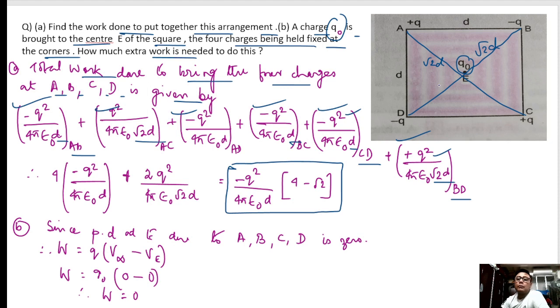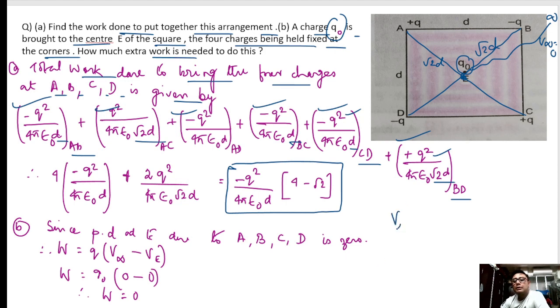So please watch here that I have to find out the work to bring the charge from infinity to this position. So what is the potential due to all the charges? First of all, potential at infinity will be 0. What is the potential here due to all the charges? It will be 0 only.